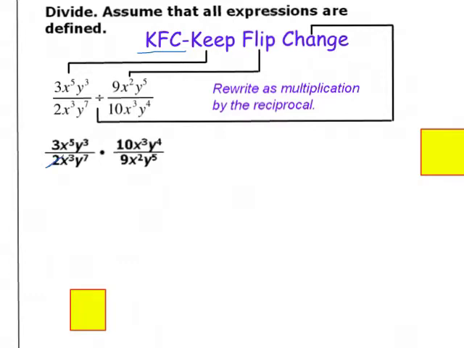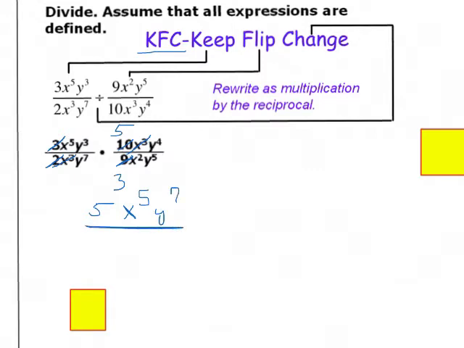So I see 2 goes into 10 5 times. 3 goes into 9 3 times. I see the x to the third divides out with x to the third. And then we can just continue. Let's start combining it now. So I have a 5, I have x to the fifth, and I have y to the seventh over top.